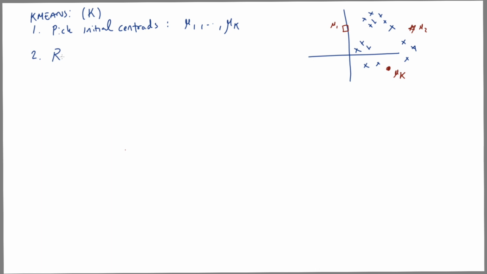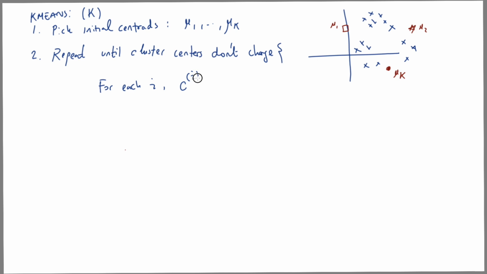And then the second step is to repeat until clusters or cluster centers don't change. The following. So for each i, we want to assign the cluster label, well, let me just call it ci.